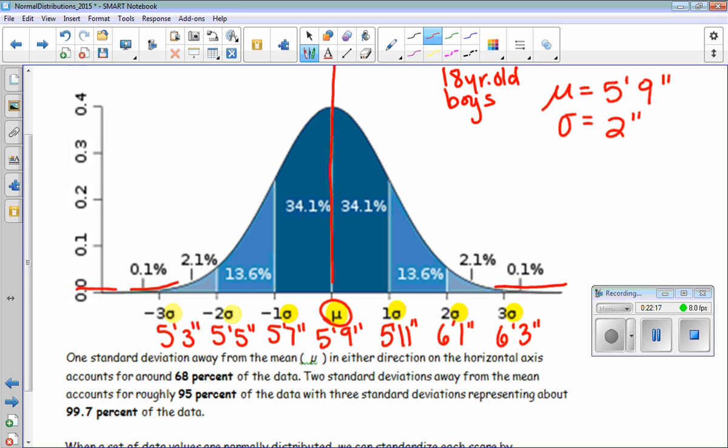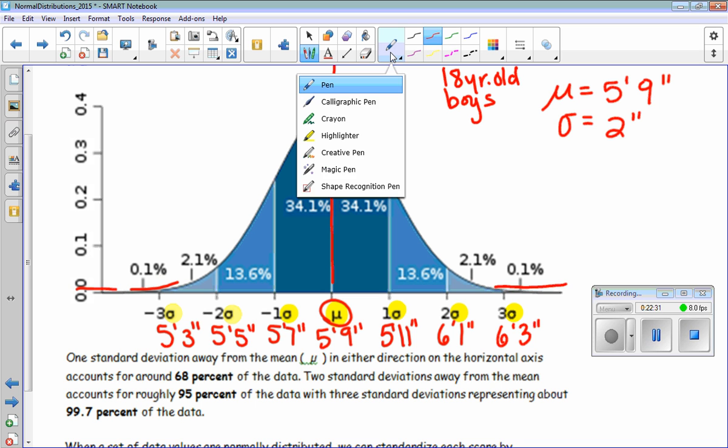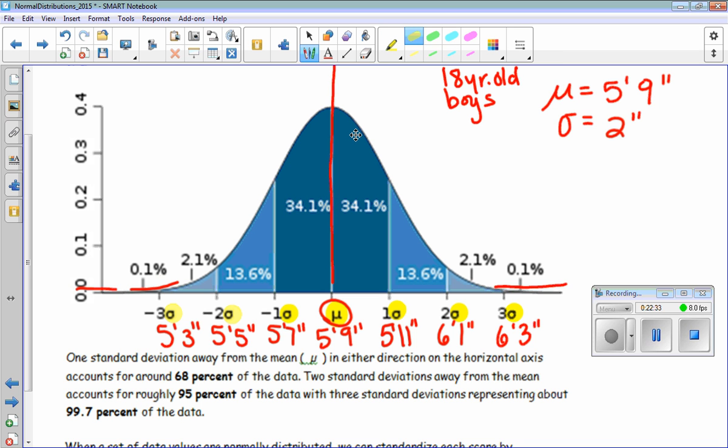Where does the mean go again? In the middle. Now, another key piece of information here is the percentages that you see. Very important. 68% of the data lies within 1 standard deviation away from the mean.